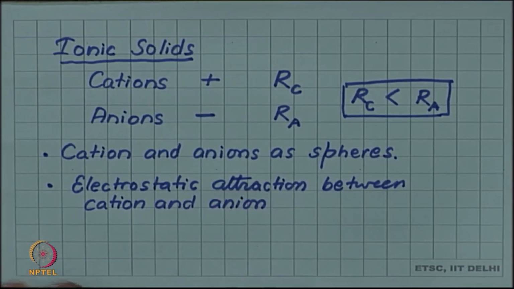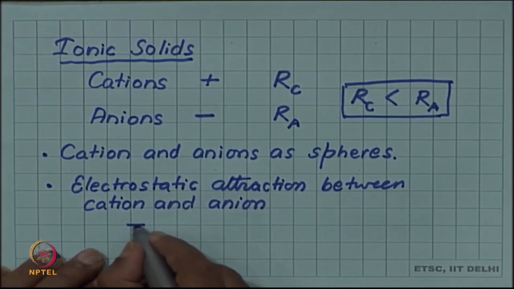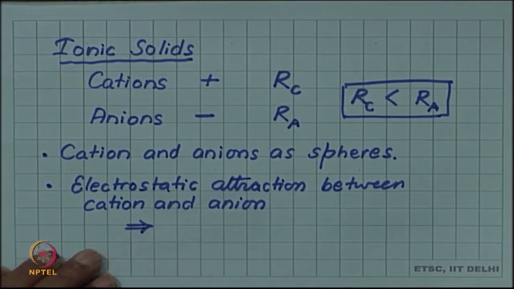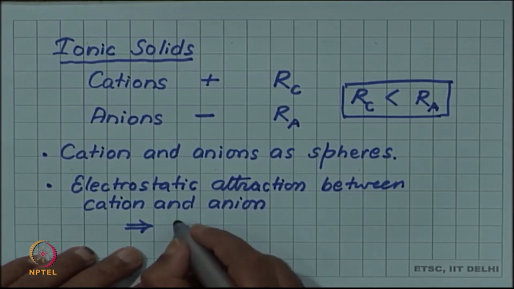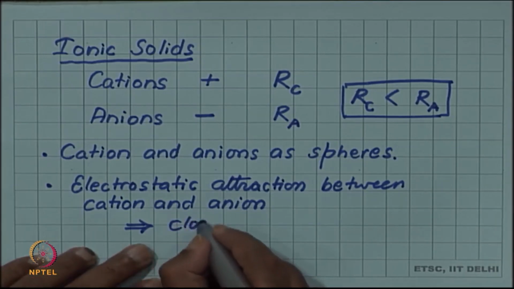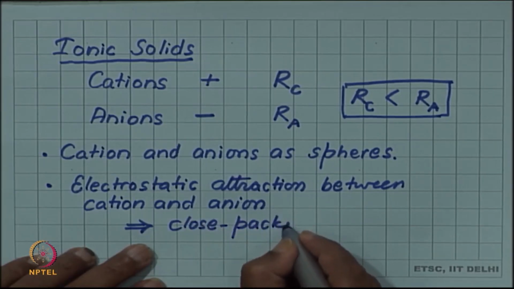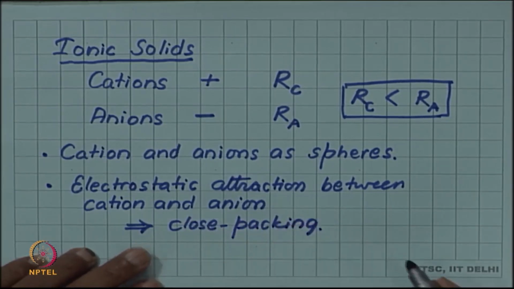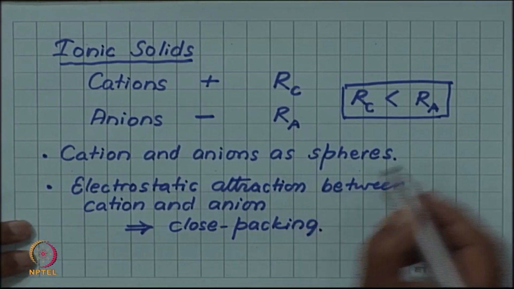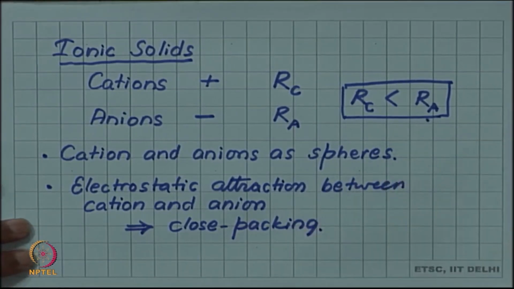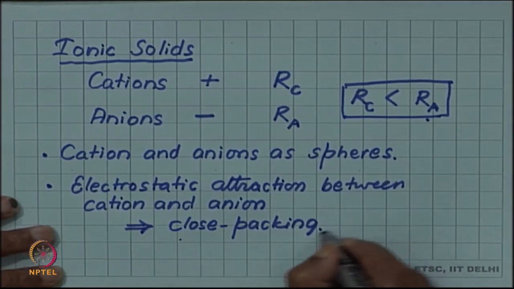So, they will like to come close together. So, we can model the structure as close packing of these spheres. So, this also indicates close packing. However, because of this inequality in size, this is close packing of unequal spheres.